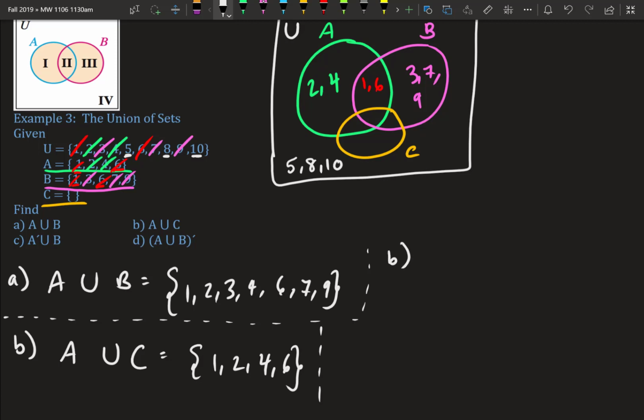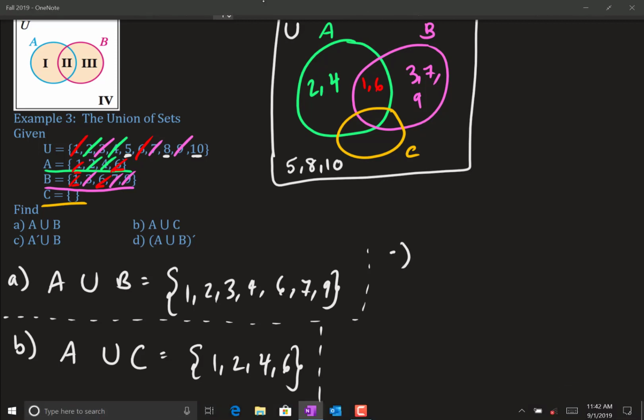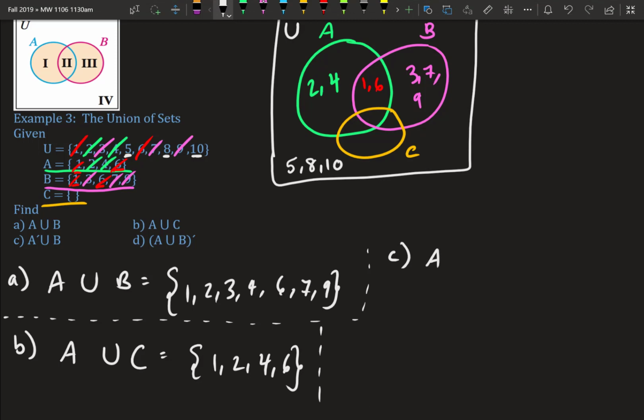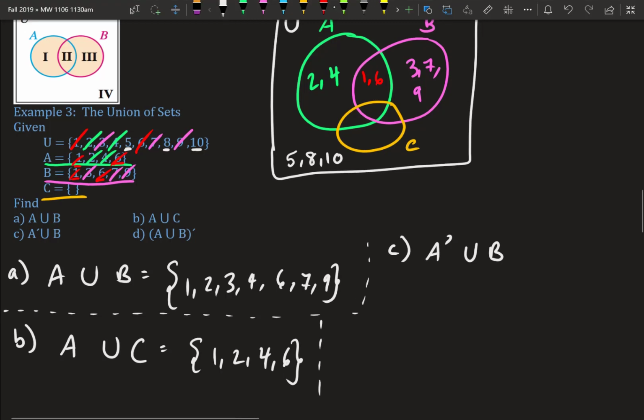Alrighty, part B. My bad. We did that. Part C. So we're asking the complement of A union B. So not in A, union B. So let's figure out what's not in A. So what's not in the circle of A? So everything that is not in A is 3, 5, 7, 8, 9, 10.